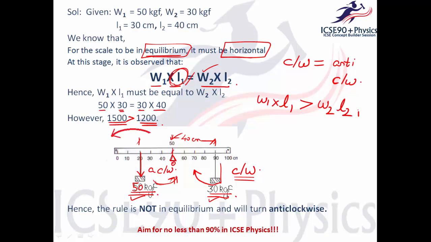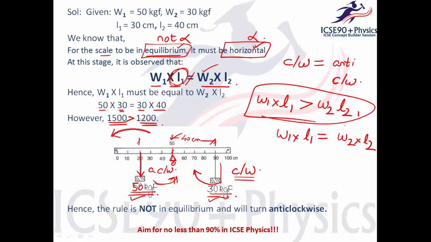So this condition is not satisfied, as W1 into L1 is observed to be greater than W2 into L2. What does this imply? It simply implies that this particular scale is not in equilibrium, and it will not remain horizontal, because for it to be in equilibrium and remain horizontal, W1 into L1 must be equal to W2 into L2, which is not the case here.